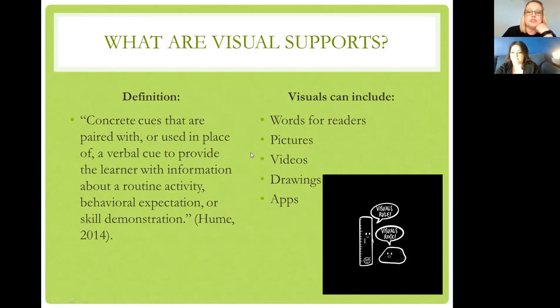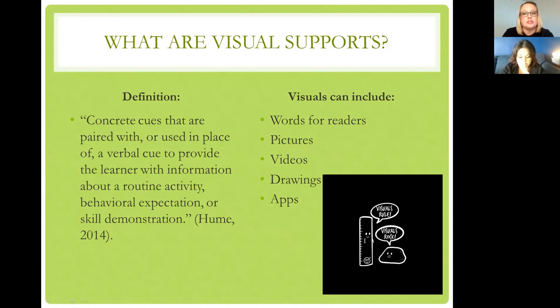So visual supports are concrete cues that are paired with or used in place of a verbal cue to provide the learner with information about a routine activity, behavioral expectation, or skill demonstration. Often it is an actual photograph or picture, and then the written words.